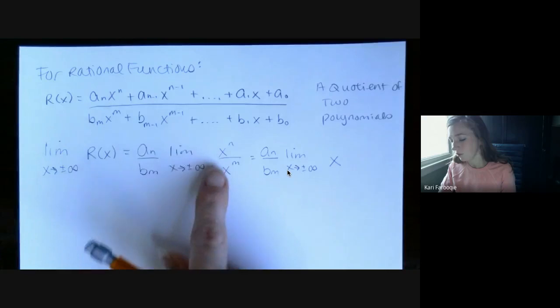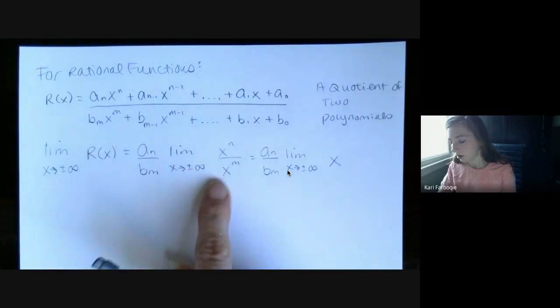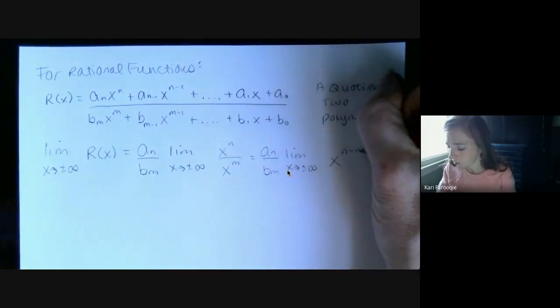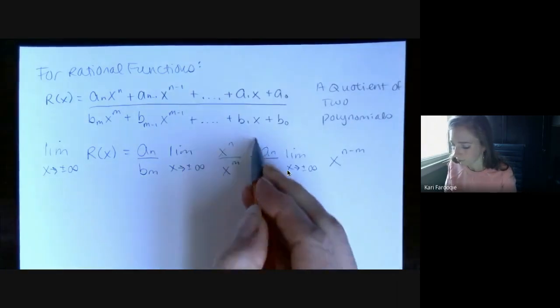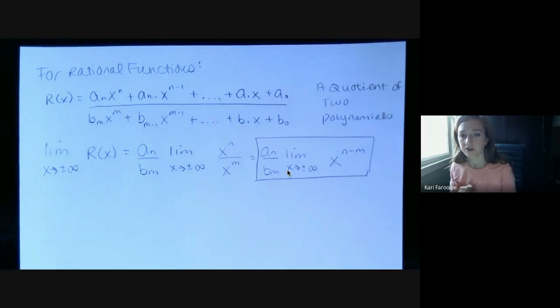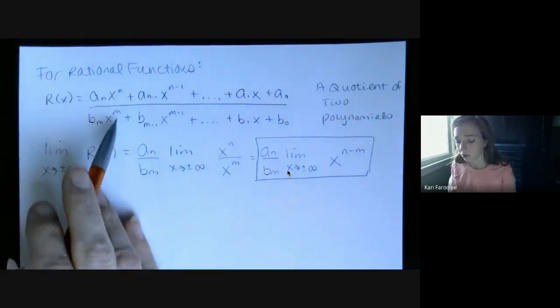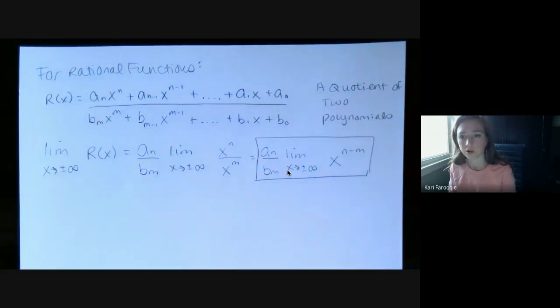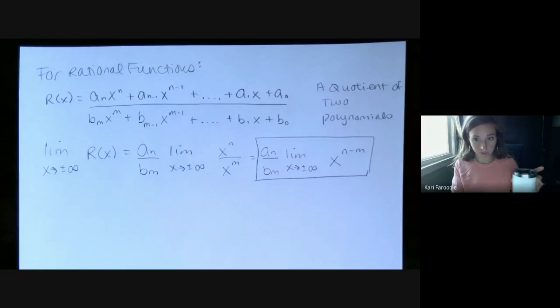As long as your base is the same and you're dividing, you subtract the exponents. So it's x to the n minus m. Take the power in the numerator and subtract off the power in the denominator and make that your new exponent. And I'll show you some examples of this, obviously.